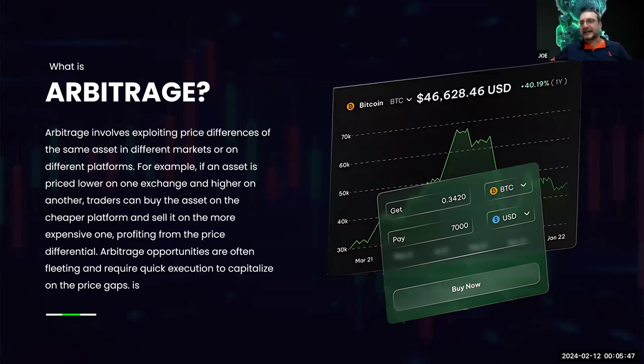Now, if you think about each separate action involved in executing an arbitrage, I'm sure we've all seen the images of a trader, a person sitting at a desk with 3, 4, 5 different screens in front of them, monitoring each screen.